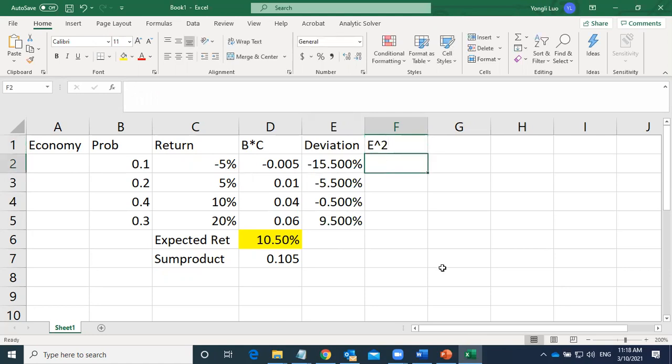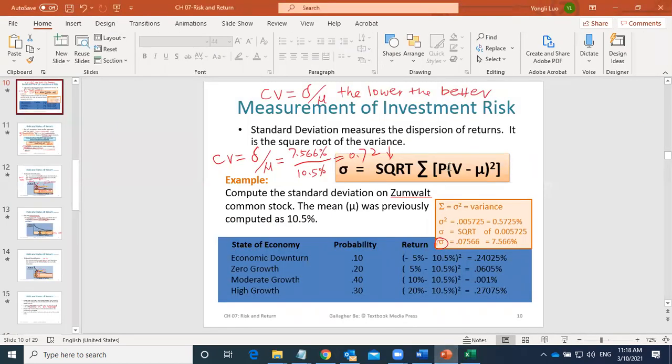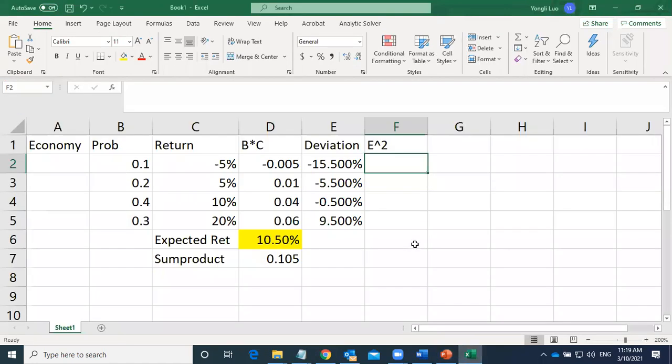So that is the formula here. You can see this part, the value minus the mean, and then you square it.